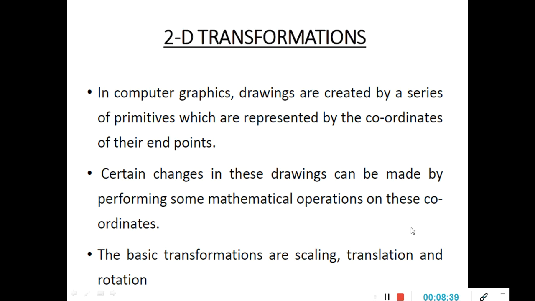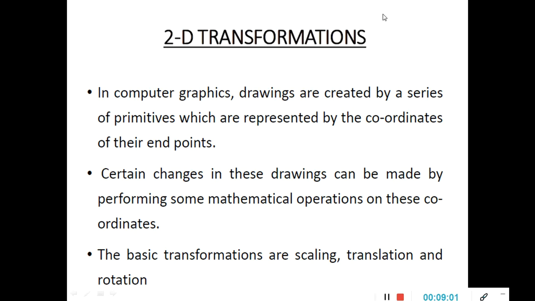Now the 2D transformation in computer graphics: drawings are created by a series of primitives which are represented by the coordinates of their endpoints. Certain changes in the drawings can be made by performing some mathematical operations on these coordinates. The basic transformations are scaling, translation and rotation.